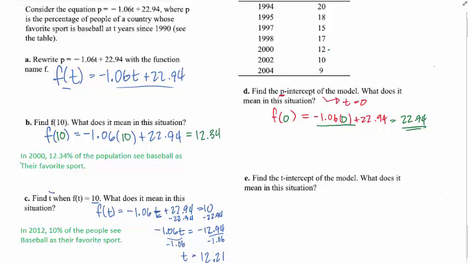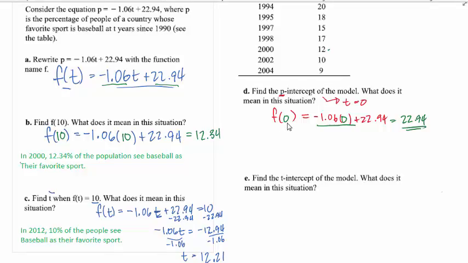Had we stepped back, we probably would have found it easier because we see that this is in slope-intercept form where the slope is negative 1.06 and the y-intercept is 22.94. Except we would translate that from y-intercept to p-intercept and then we would get 22.94. What does this mean in this situation? So in this situation, we have to again look at the relationship between the time and the percentage.